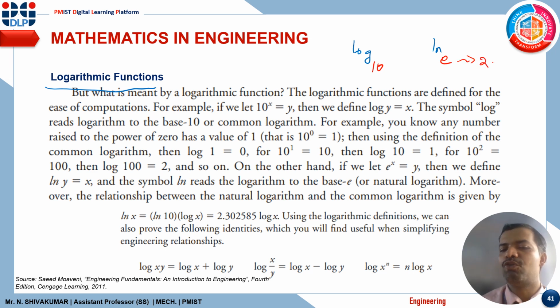Just before, we said 2.718. So why do we use logarithmic functions? When we are dealing with larger values, we use log or ln to reduce them. So that is the idea.